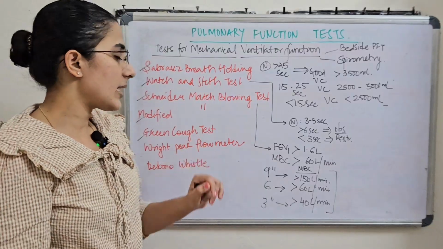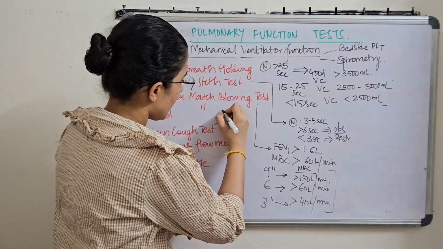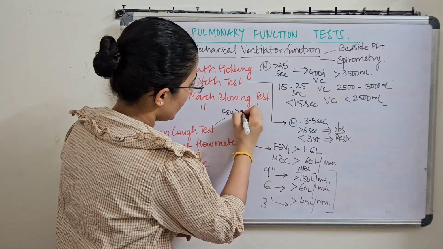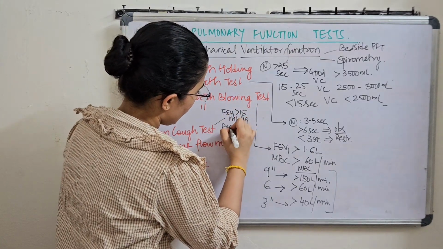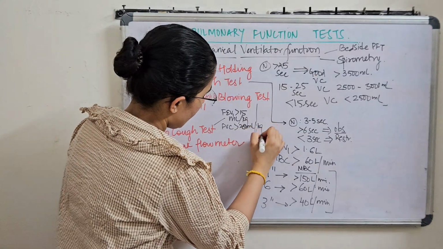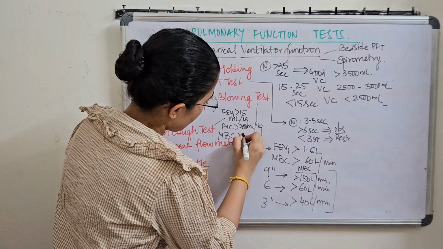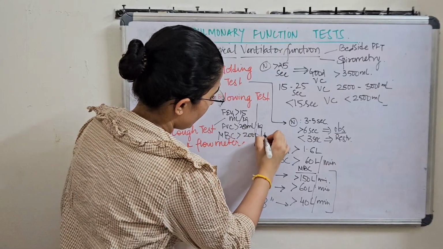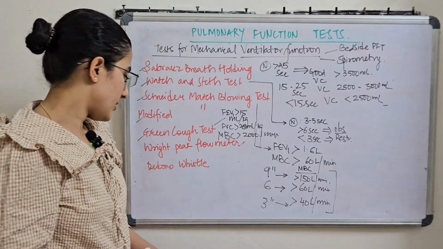If the patient is able to cough out effectively, that indicates that his FEV1 is more than 15 ml per kg, FVC is more than 20 ml per kg, and his maximum breathing capacity is more than 200 liters per minute. So this is the Green's cuff test.